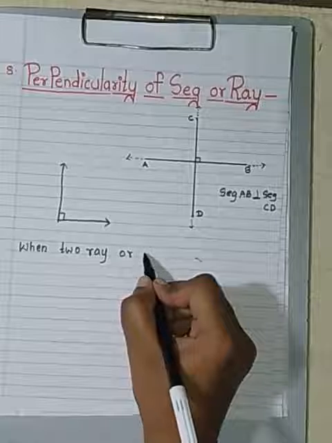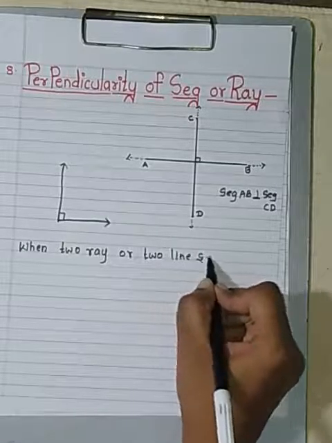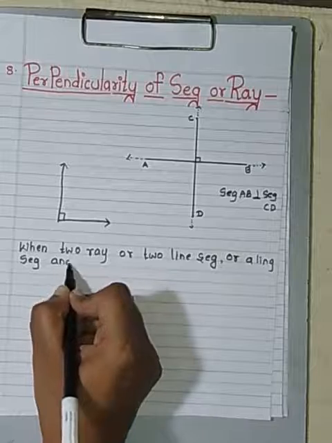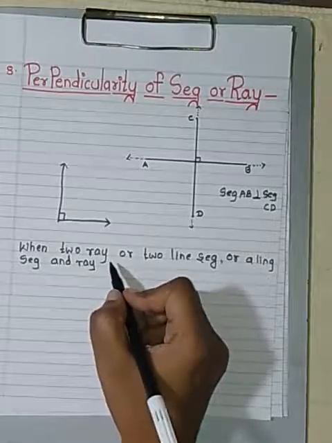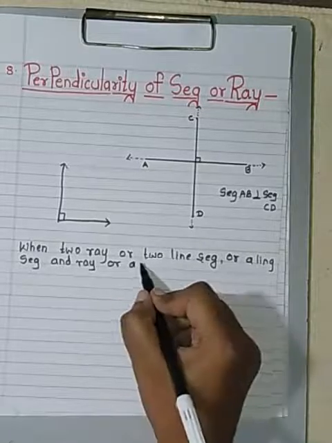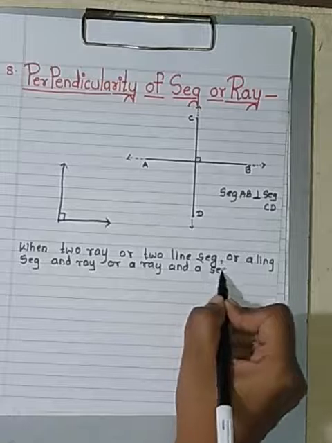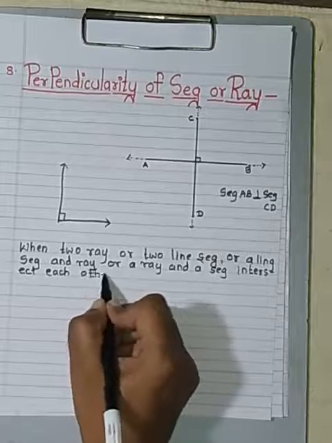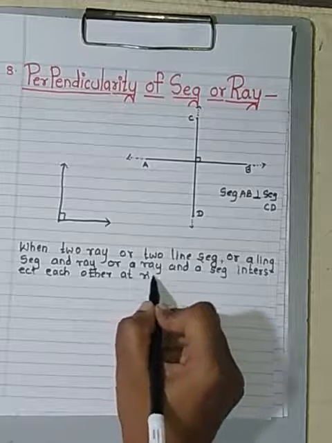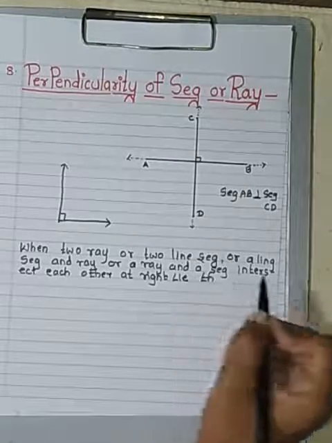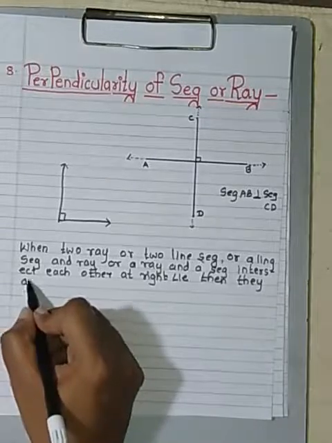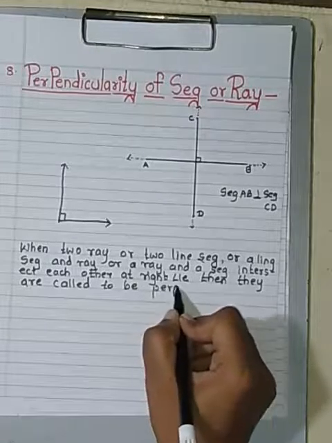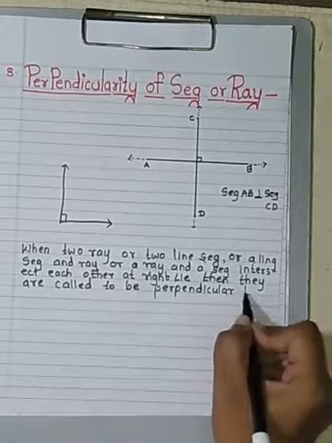When two rays or two line segments, or a line segment and a ray, or a ray and a segment intersect each other at right angle, then they are called to be perpendicular to each other.